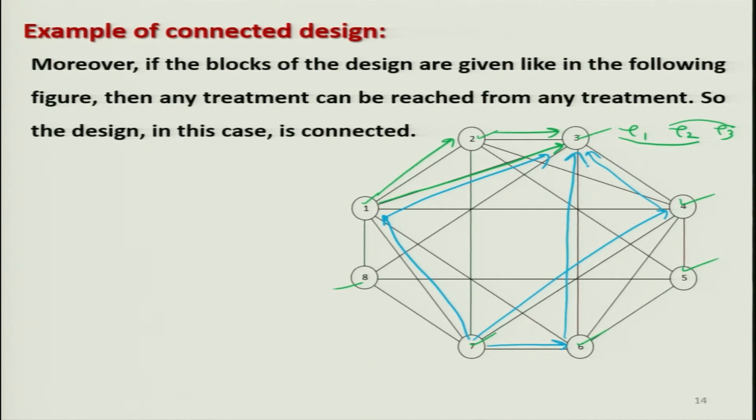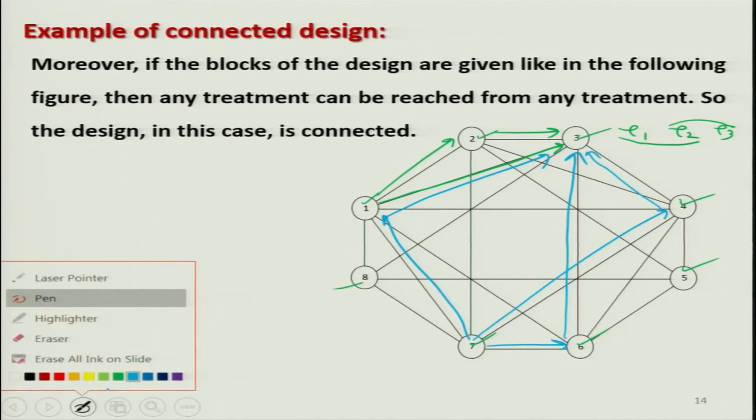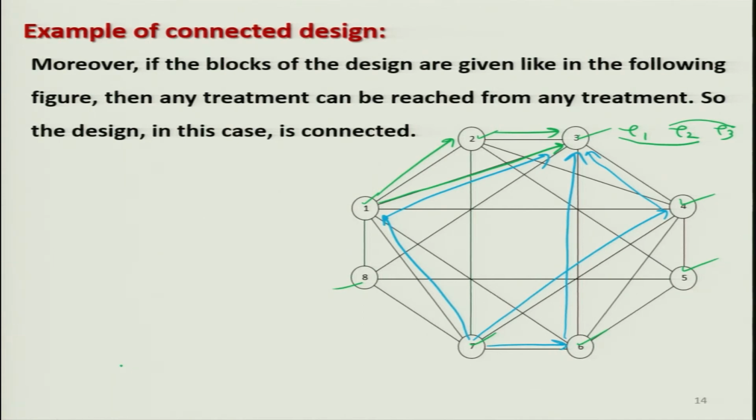So, in this structure, you can go from one treatment to another treatment without any problem. From this point of view, this design is said to be a connected design.